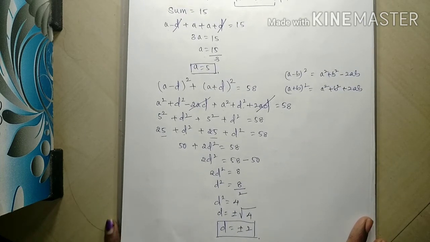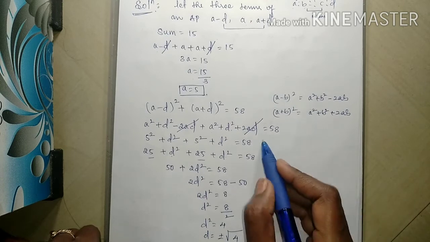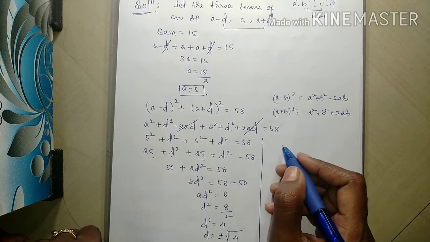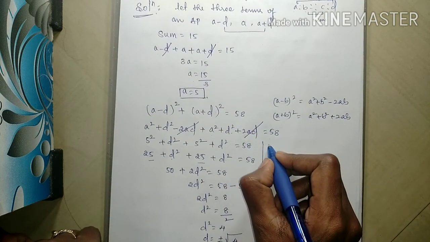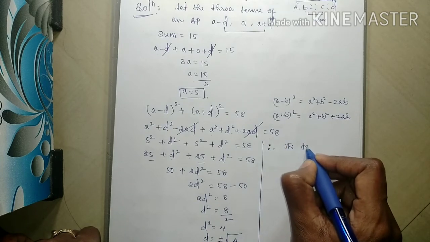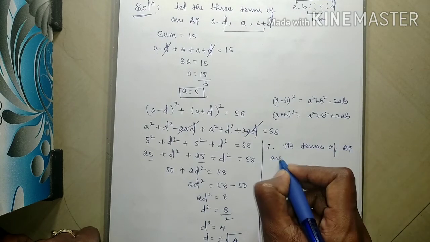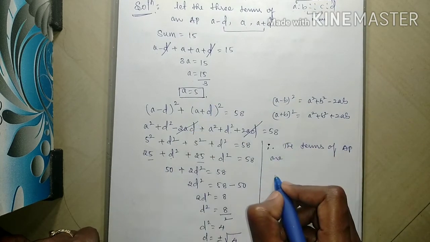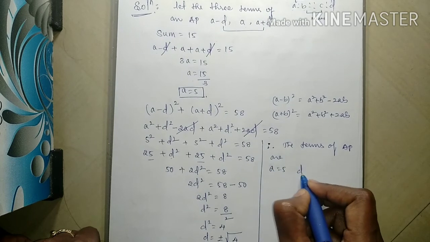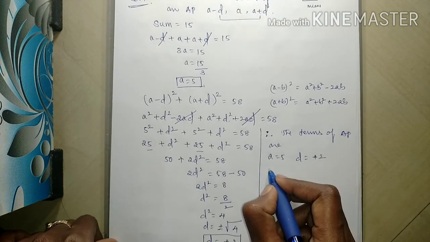Now we have to find out the 3 terms that we have considered. Therefore the terms of the AP are: we have A value is 5 and D value, let me take plus 2. And what are the terms?